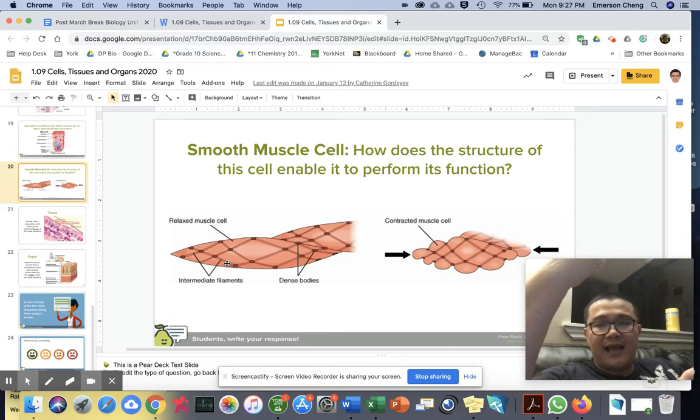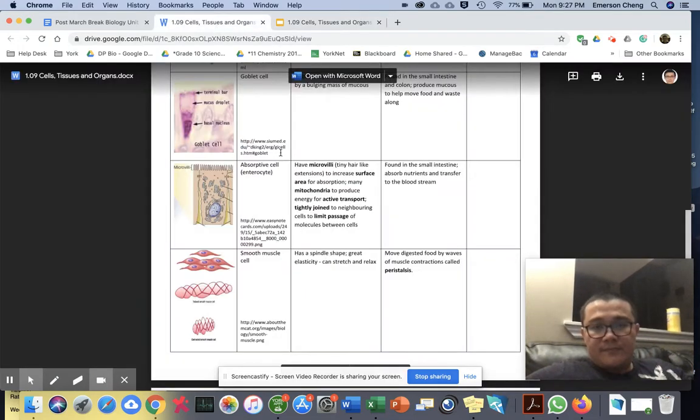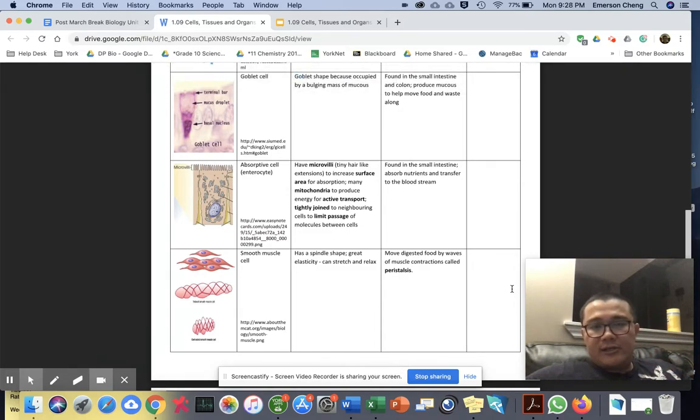Basically it will shorten the distance. All these dense bodies are closer together when it's contracting. So how does this structure enable it to perform its function? Write that down right now.